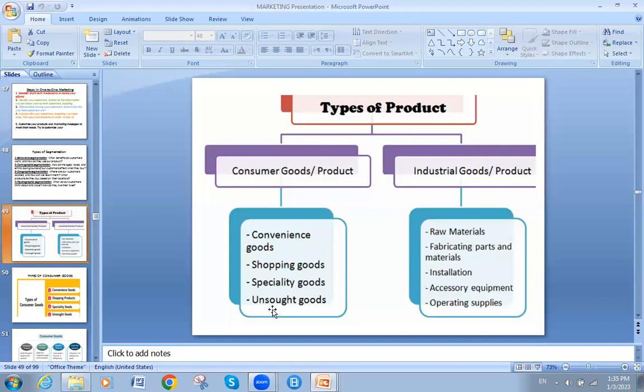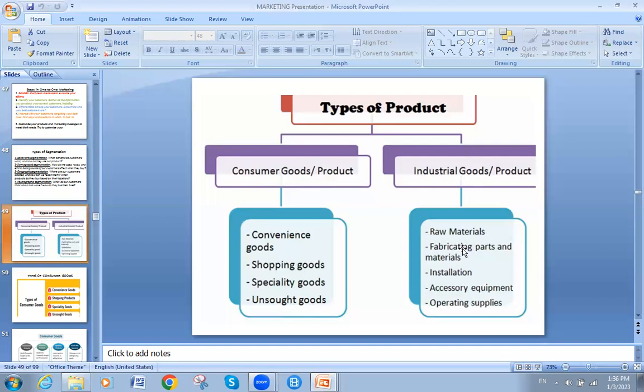As an example, your car insurance is an unsought service, because you don't like to sacrifice more money to go to the insurance company. We call it unsought goods. All these are consumer goods because they go to an end user.